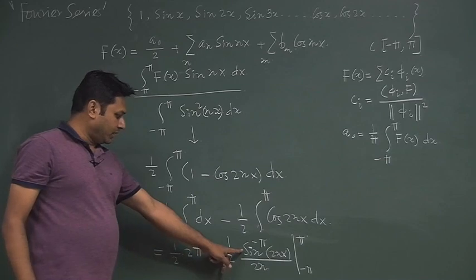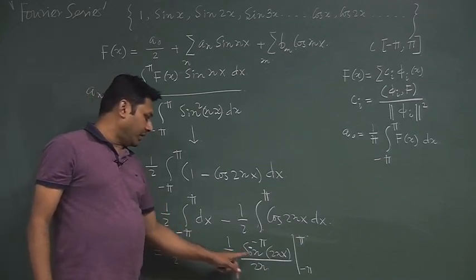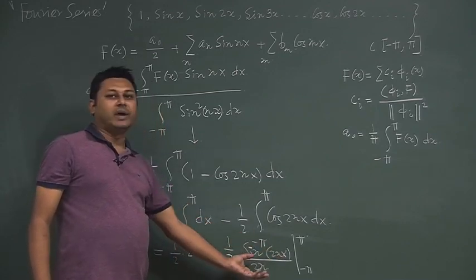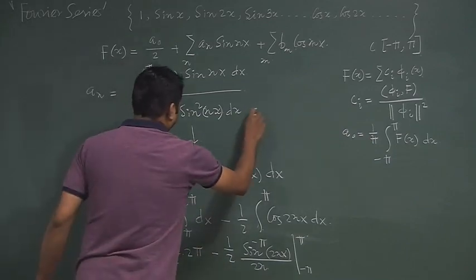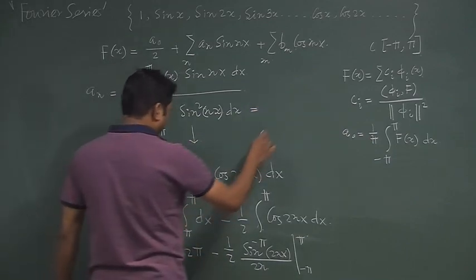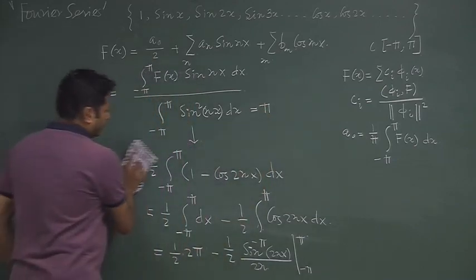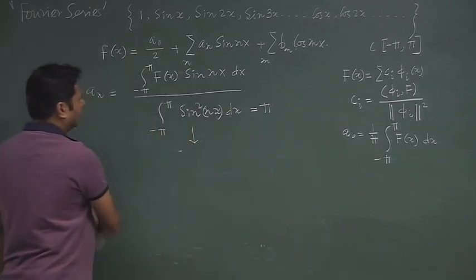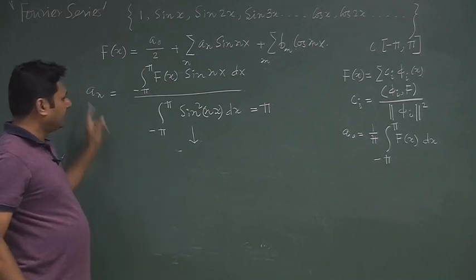Now we know that whatever value we put here, because this is a sine, if I put pi in place of x, this will vanish. So eventually this quantity is nothing but pi, the contribution of the first term. So once I have this, I can readily find what my an is.